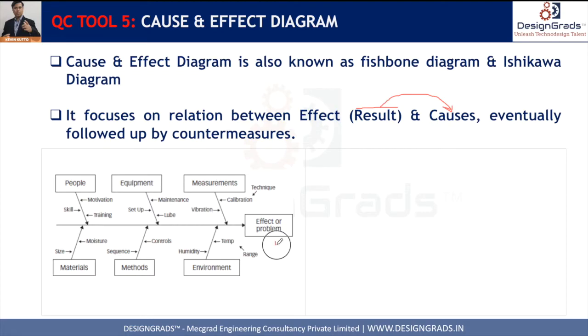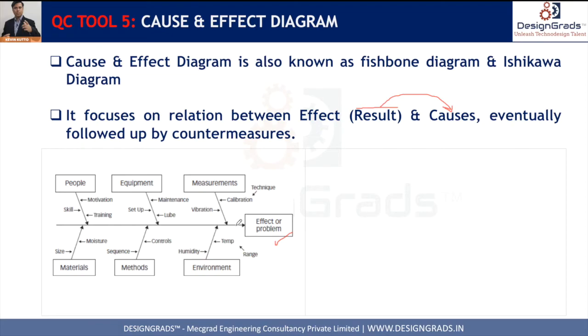So you list down your problem here, and then you have different categories. You can have categories in terms of measurement, equipment, people, material, methods, environment. This is a very typical format, but it is not necessary that you have to use this format only. This could be different part interfaces, sub assemblies and subcategories, and that's perfectly all right.